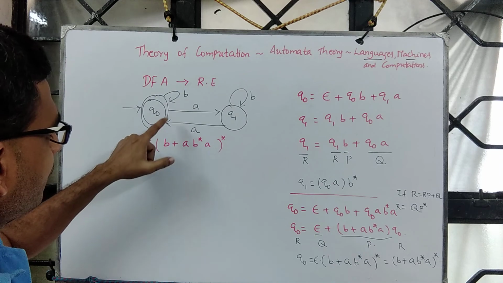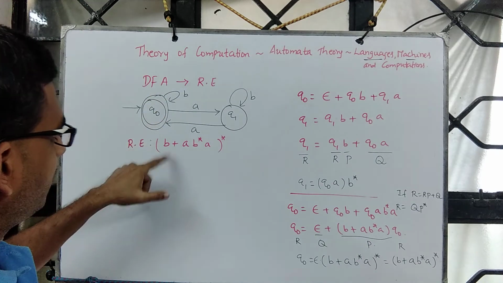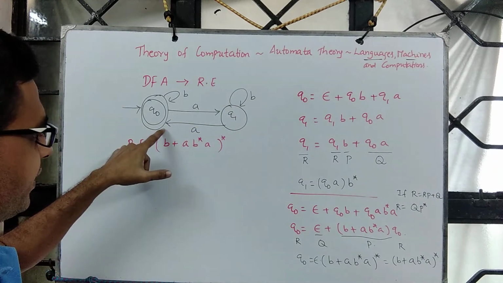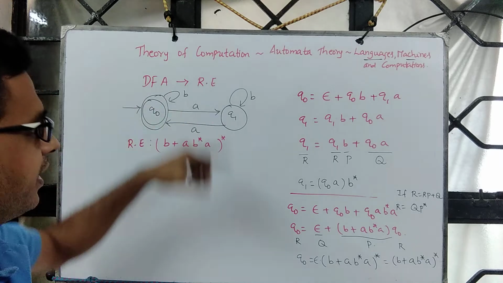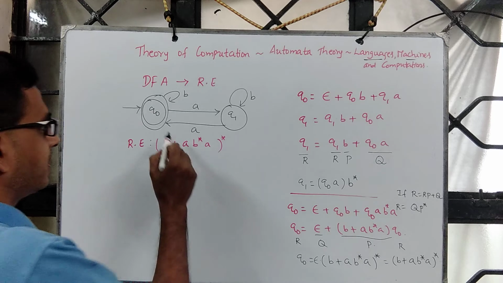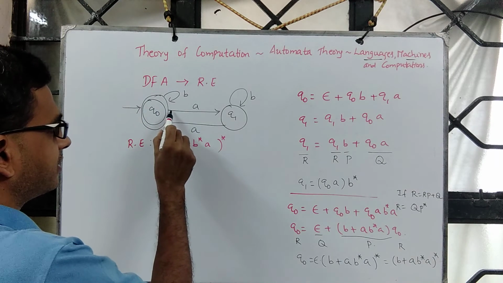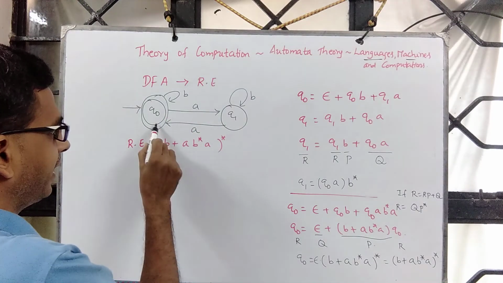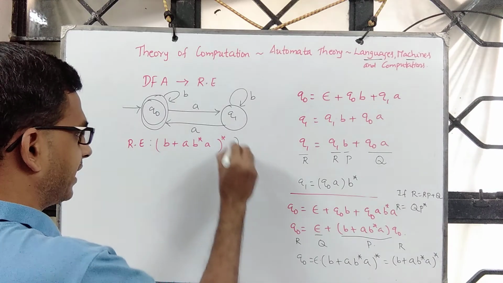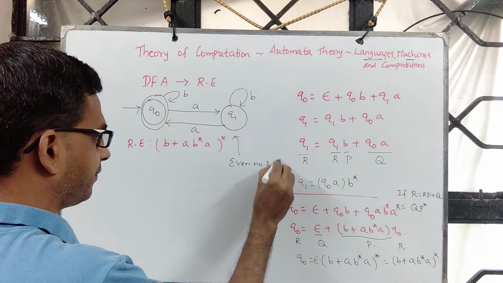Or you can read so many B's followed by A, B star, and come back on A. And this can be repeated. Correct? Which means you get to see that zero number of A's, or whenever it reads A, it always reads even number of times. So the language accepted by this is precisely even number of A's.